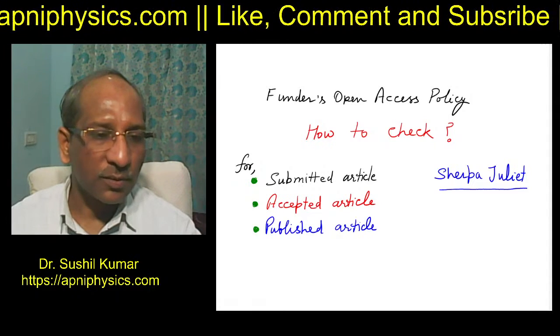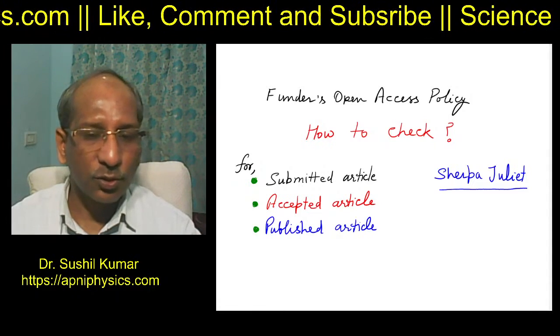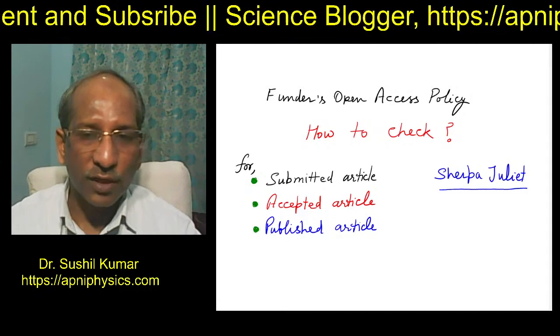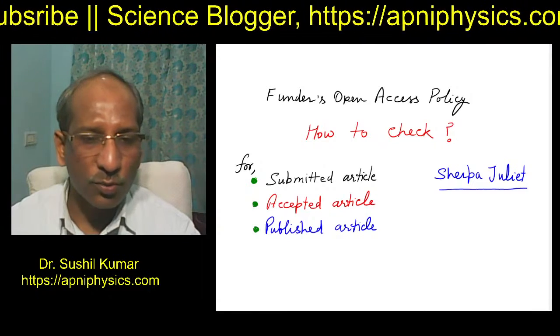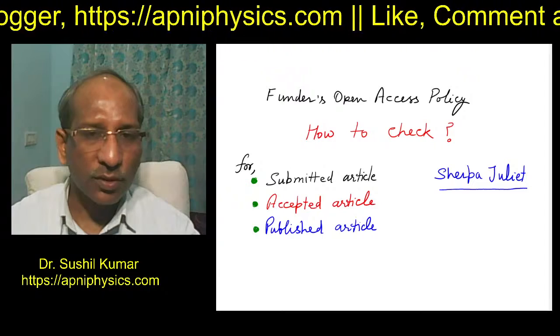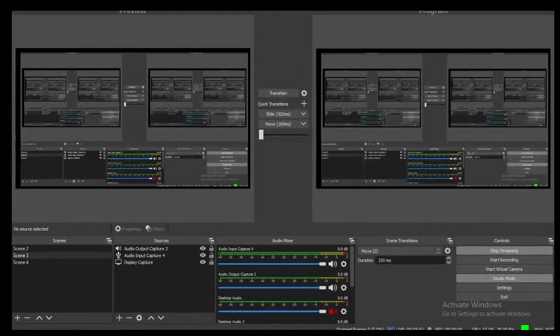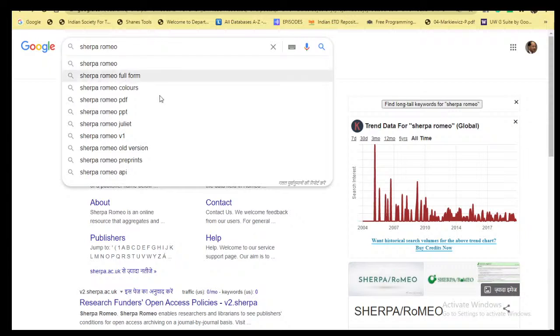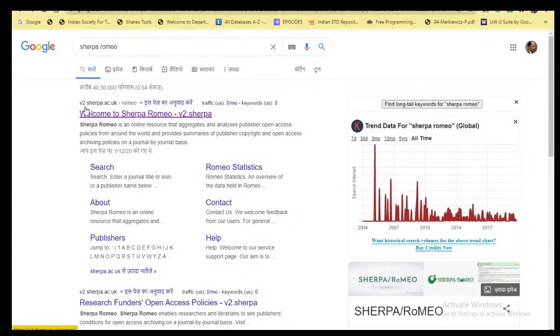Now I will show you how to find the Sherpa Romeo website. You just type Sherpa Romeo in the search box, and then the website v2.sherpa.ac.uk, because they developed a new version of the website.